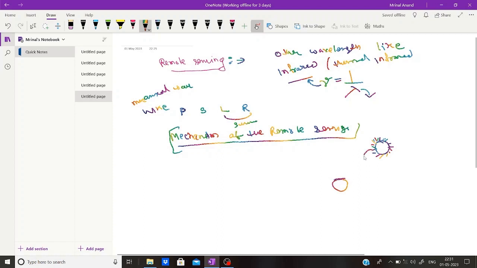So here the radiation is falling upon the earth, and the earth has different layers of atmosphere.